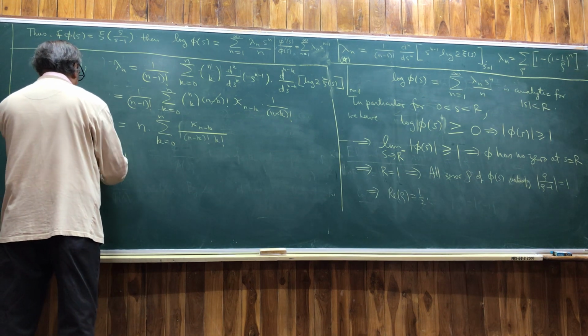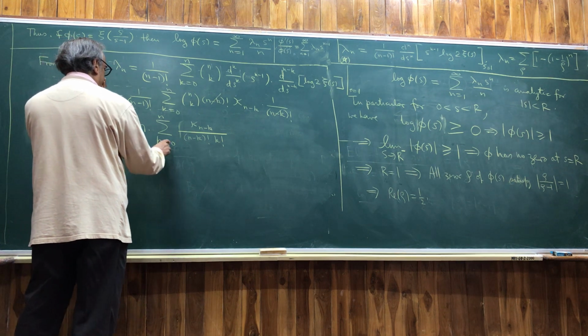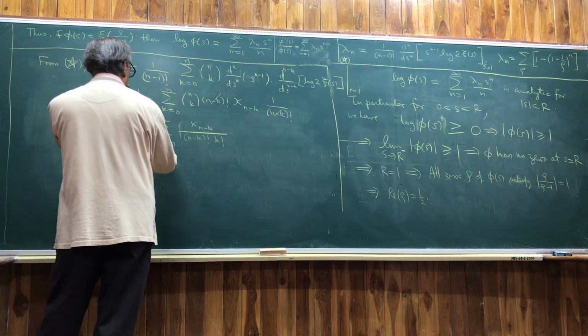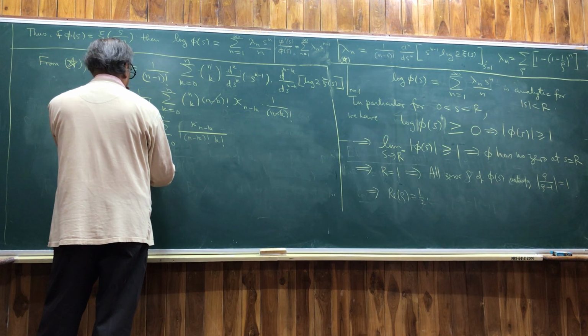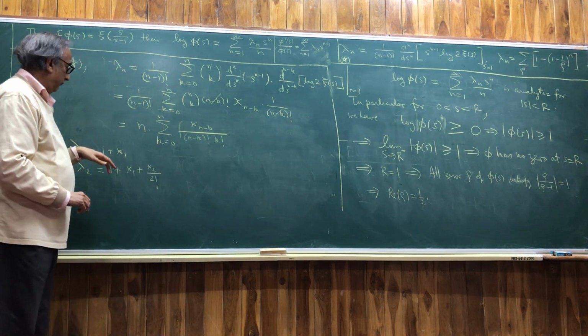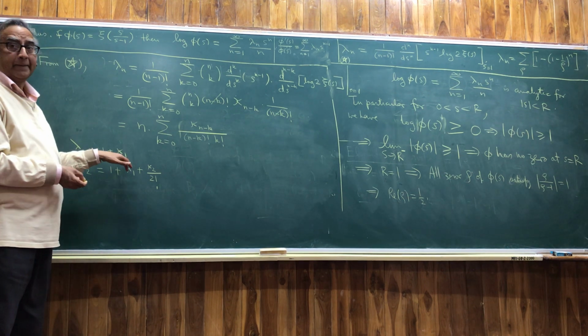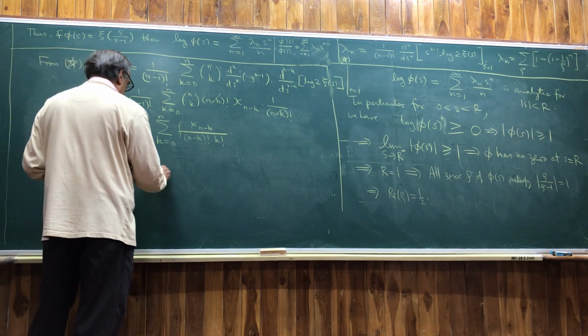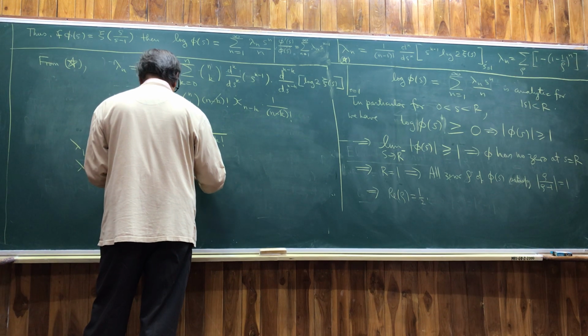Lambda 2 is looking like 1 plus, so I've got the sum from 0 to 2, kappa 1 plus kappa 2 over 2 factorial. Now kappa 1 was the first cumulant, which was the same as the first moment, which is the mean. And so this is equal to 1 plus the mean.